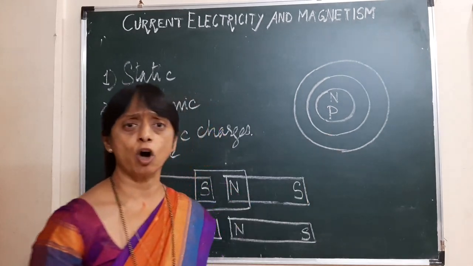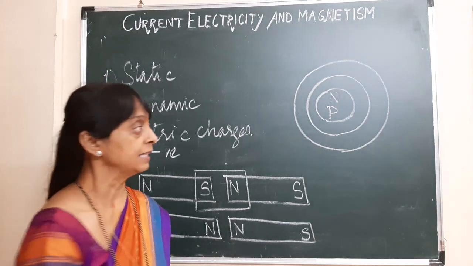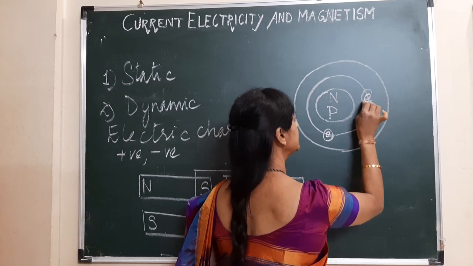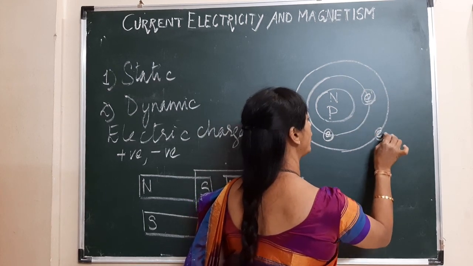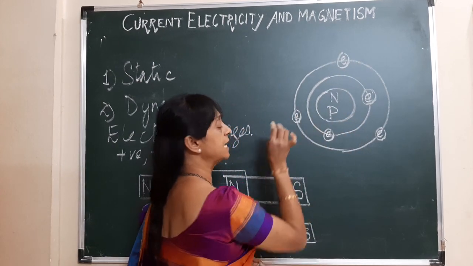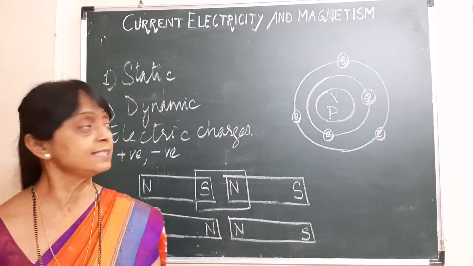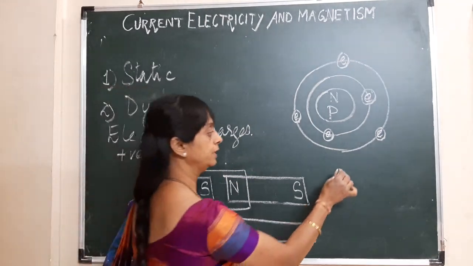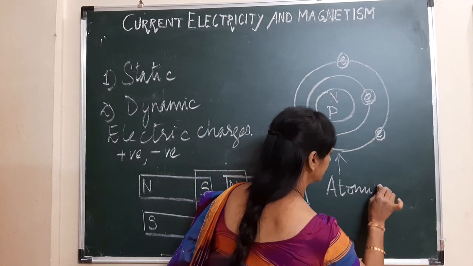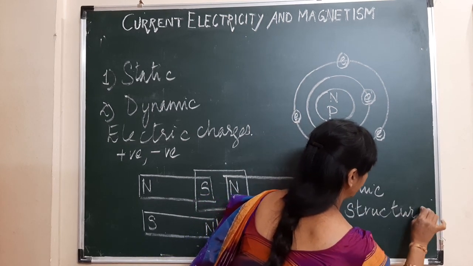What do these orbital shells contain? They have the electrons. These electrons are always revolving in these shells, or you can also call them orbits. And what charge do these electrons possess? These electrons possess negative charge. So this shows us the atomic structure.